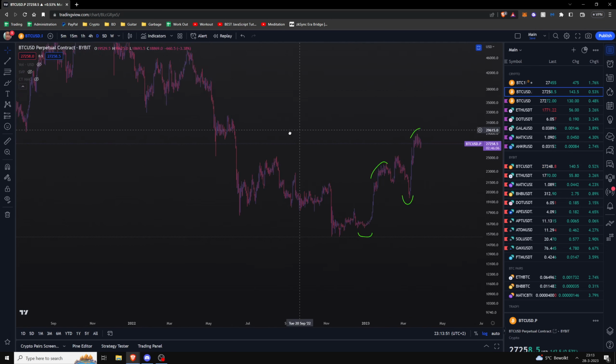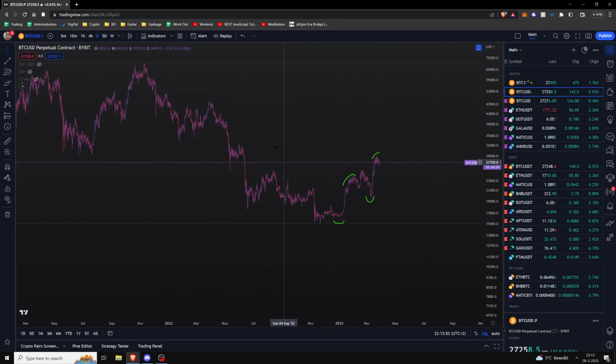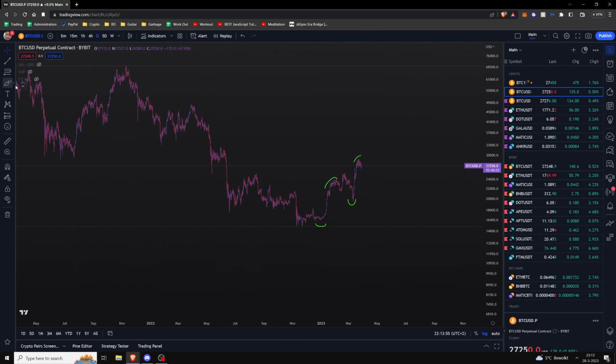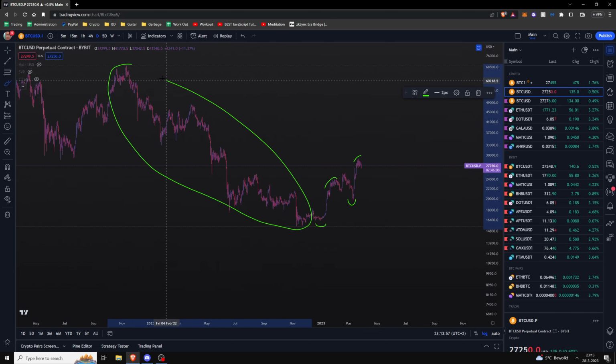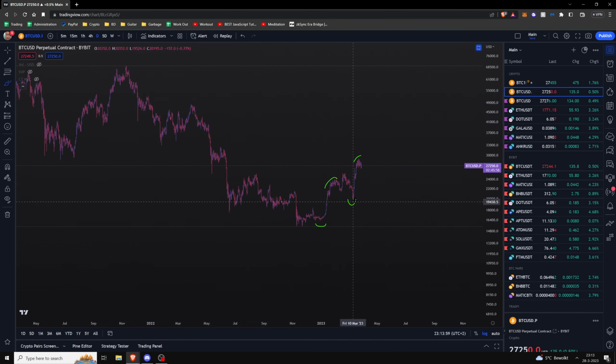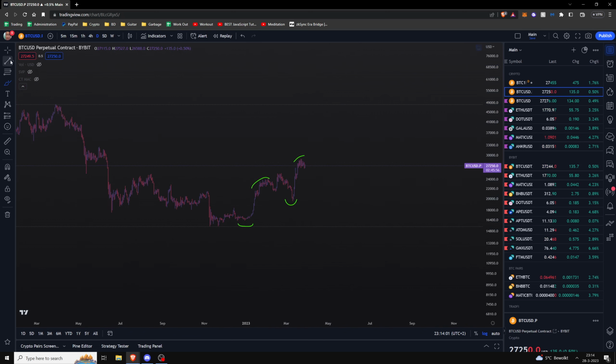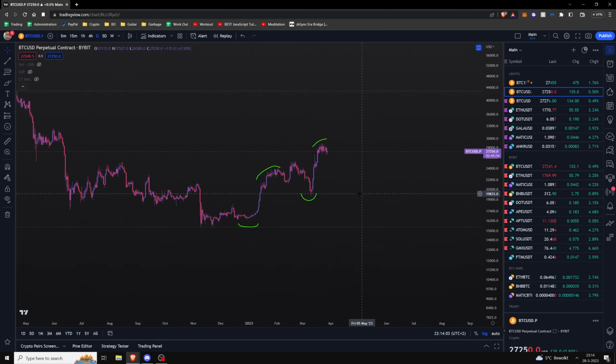Now, trends can change, of course, and that's what we're seeing now, right? We came out of this big downtrend here, and now we're starting to reverse that into an uptrend. There is one more market condition to be aware of.